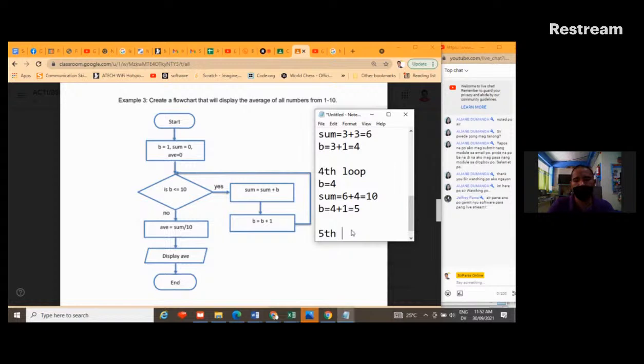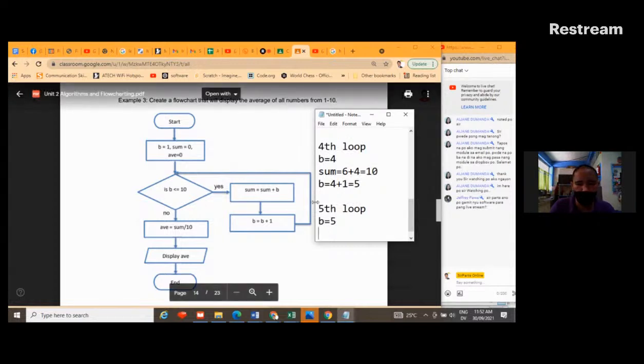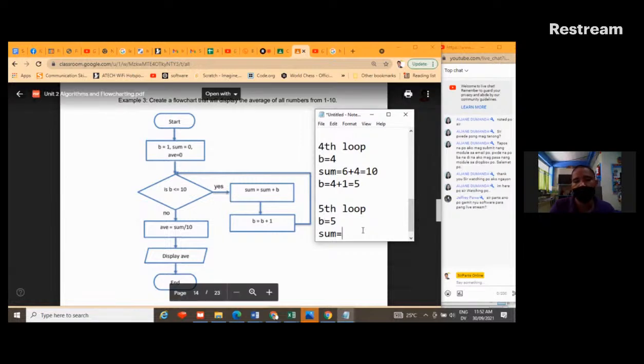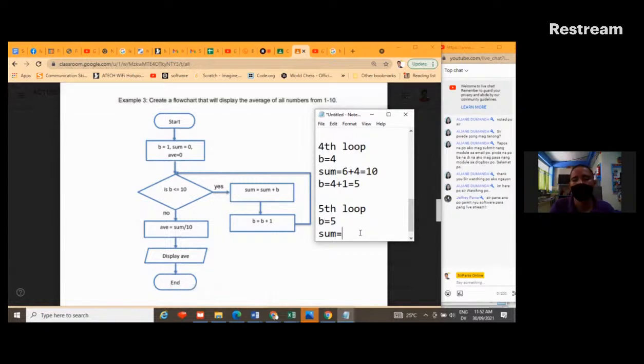Then our fifth loop, our B is already 5. And 5 is less than or equal to 10, so it will go here. So sum equals, what's the value of our sum?